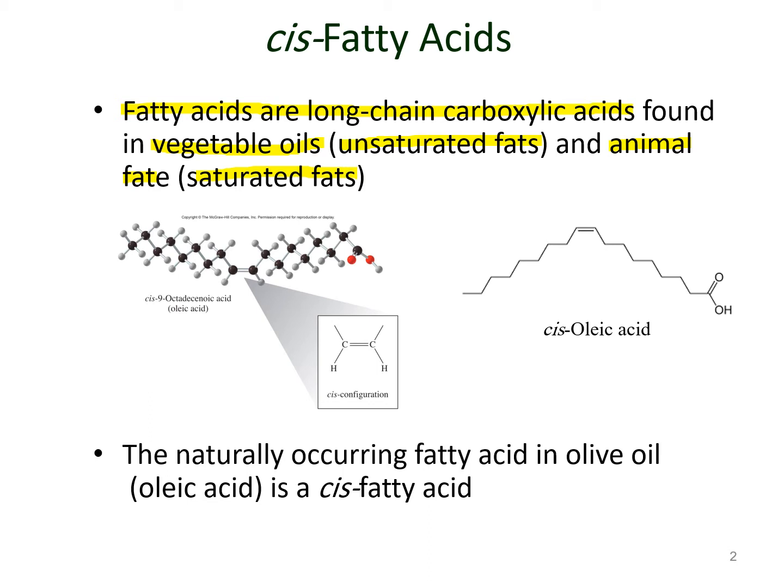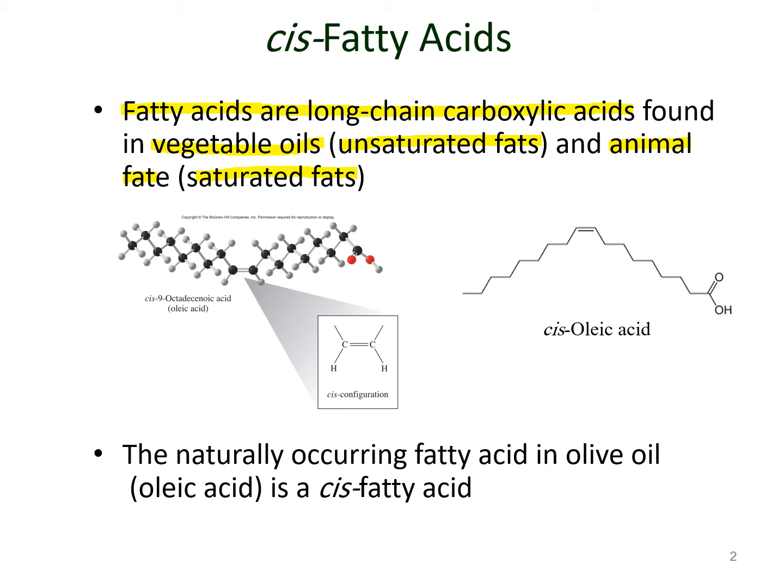These fatty acids mainly constitute the fats and they are monomer units of most of the fats that we find in nature. Vegetable oils usually have unsaturated fats in them, meaning they have got double bonds in them, whereas animal fats usually have the saturated fats, meaning no double bond in them.